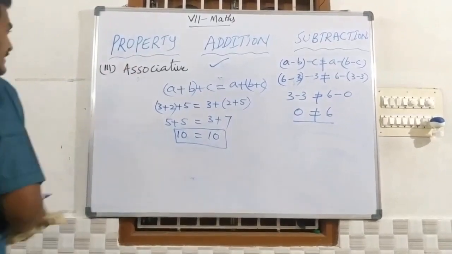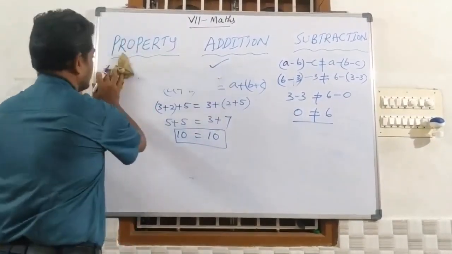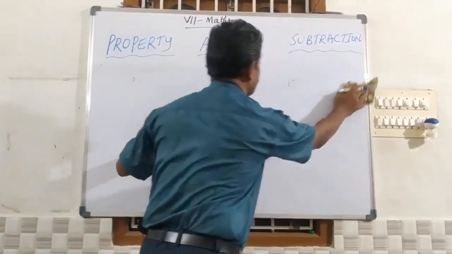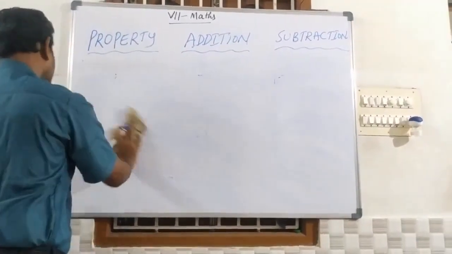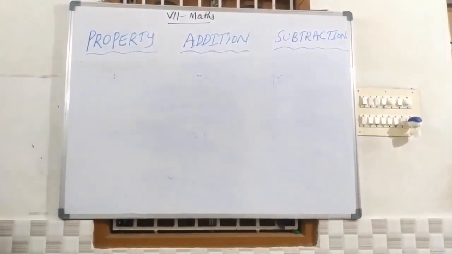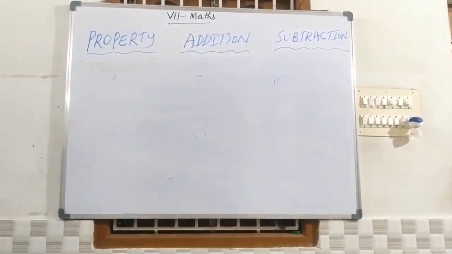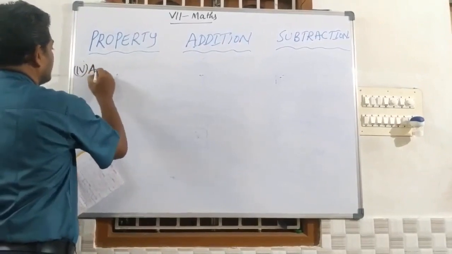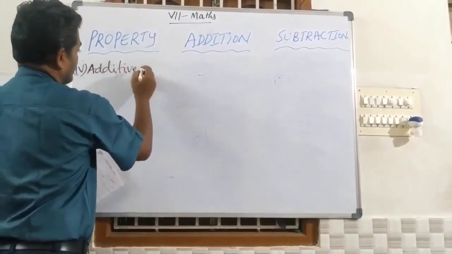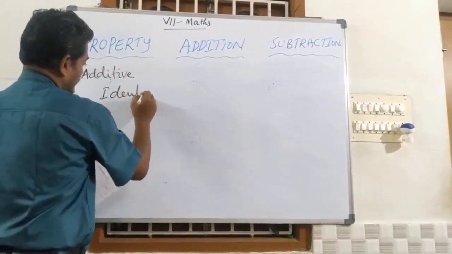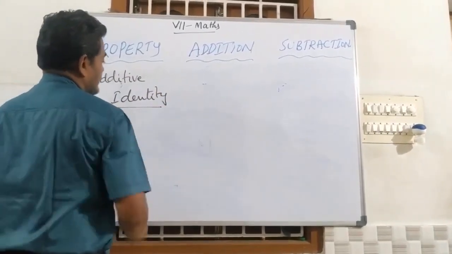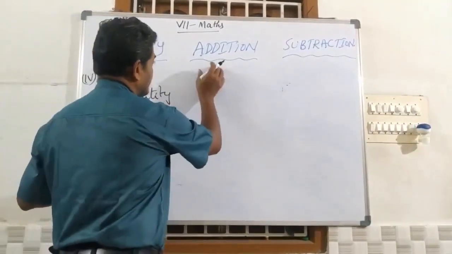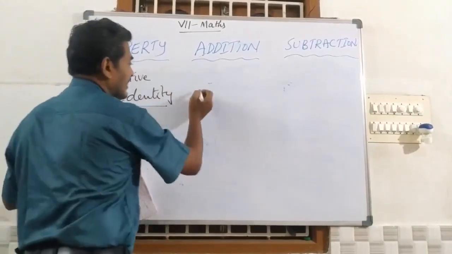Now, the next property, additive identity. So, how can we define additive identity? Additive identity means it is only for addition.